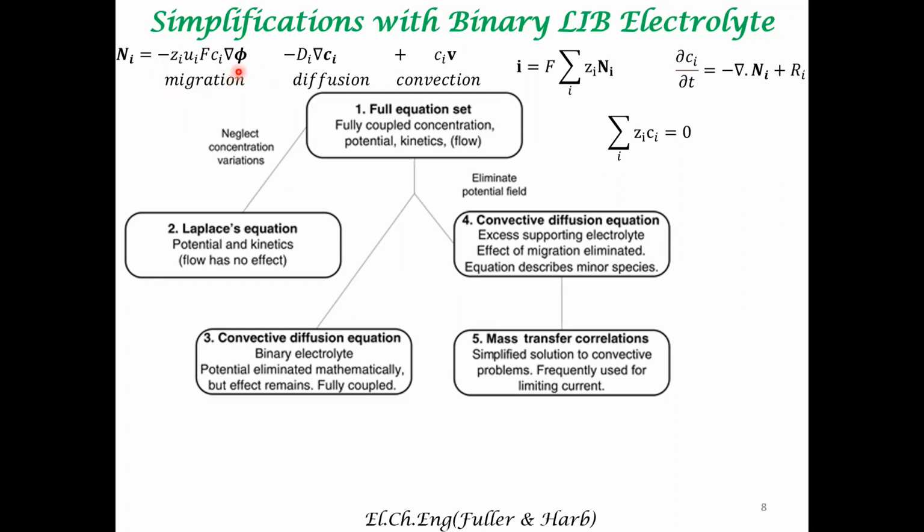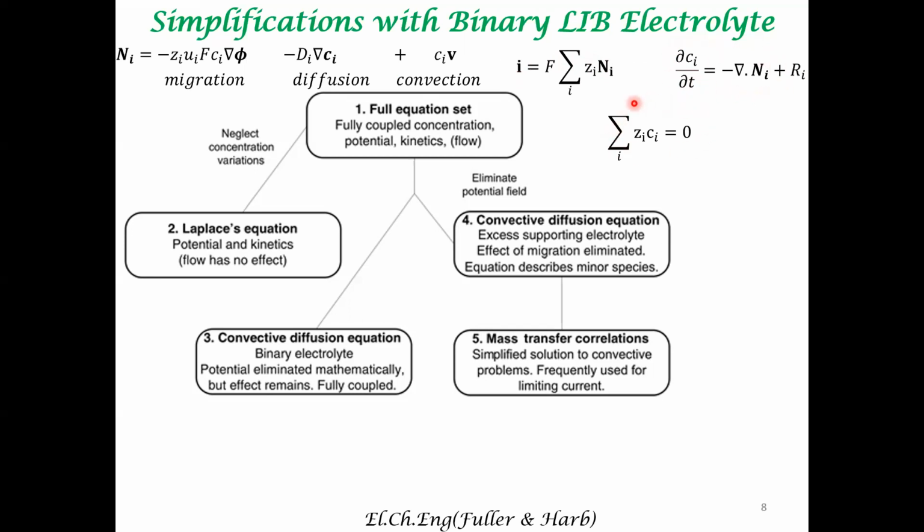Even though this is central to electrochemical systems, this is often suppressed so that we can just deal with diffusion and convection. We introduced equations connecting molar flux to current, because this is what is being measured and is of most interest to electrochemical systems. And then we had also introduced the mass balance equation.